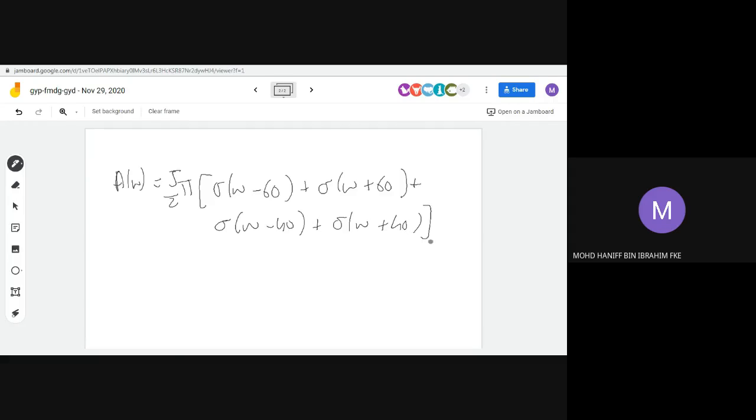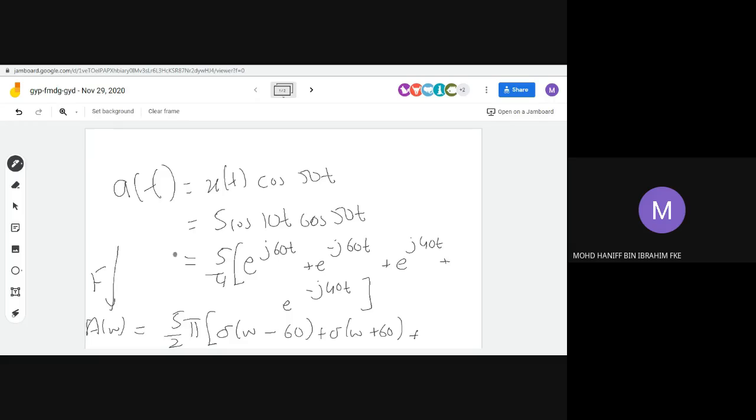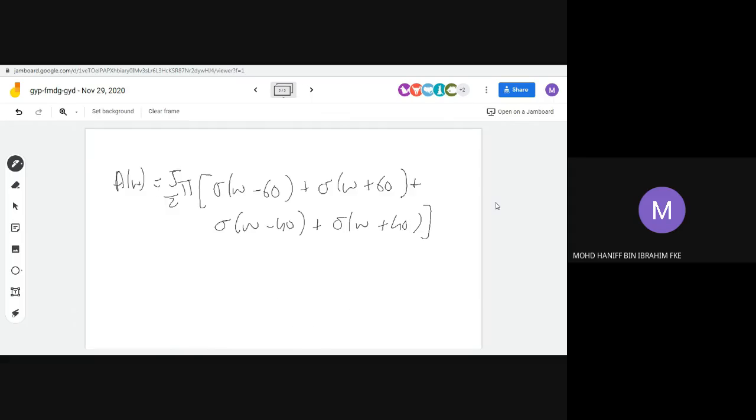So those should be the impulses of the A omega, which is obtained from this AT. A transformation from exponential in the time domain will result in impulses. You can refer back to your notes, to the table, in which you have these as the A omega.